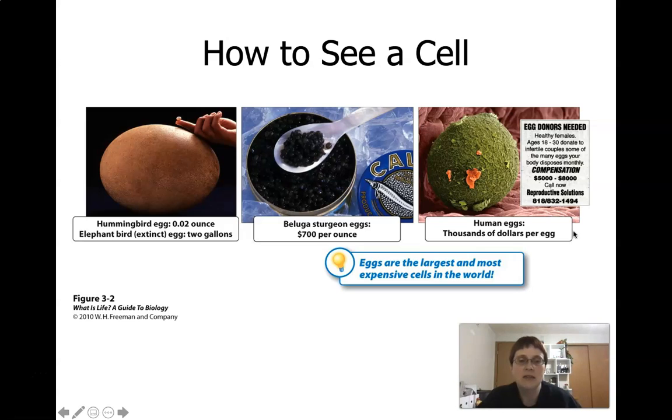Human eggs are thousands of dollars per egg, and this has to do with the fact that they need to be harvested. So most people don't realize that in order to be an egg donor, you have to undergo not just the surgery to harvest the egg, but you also need to undergo fertilization treatments.